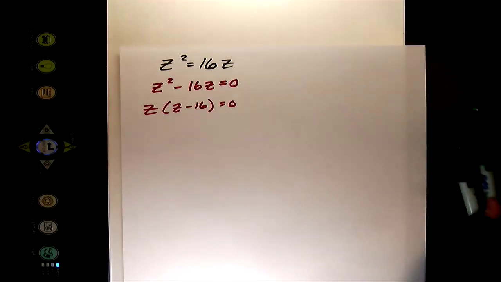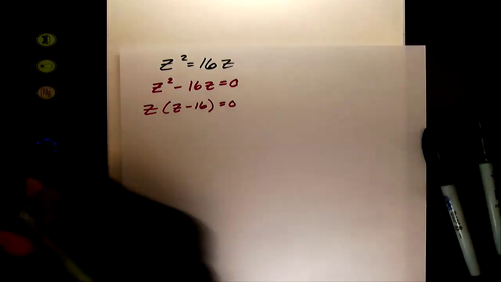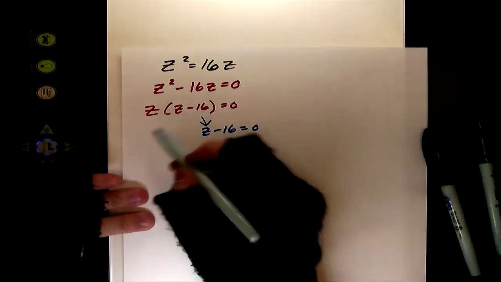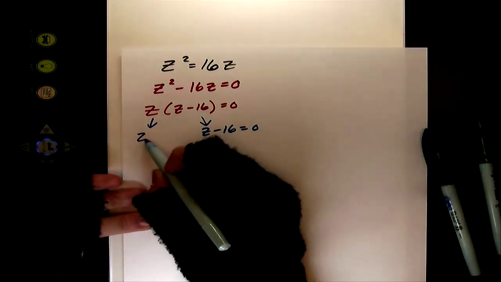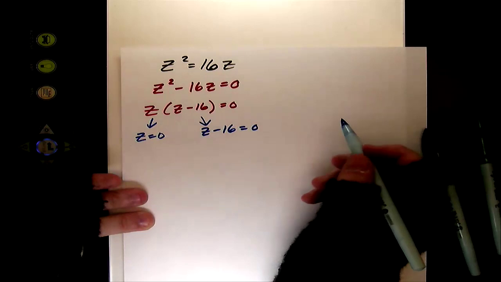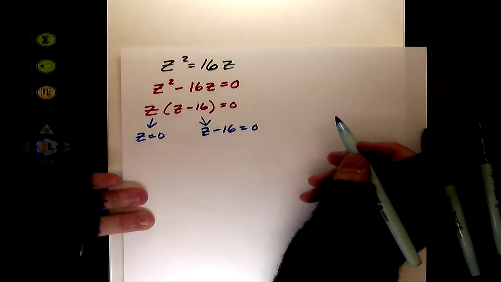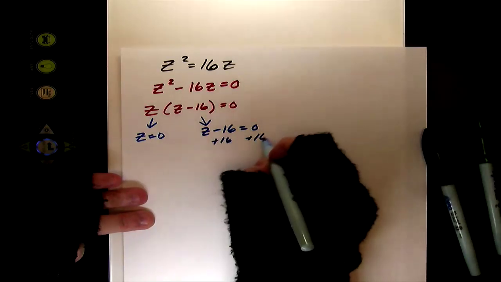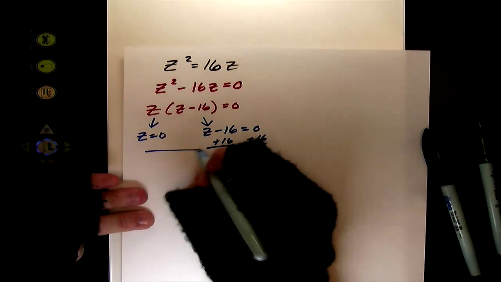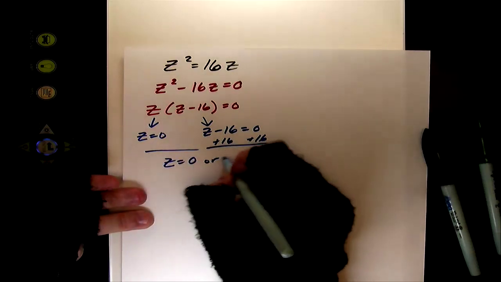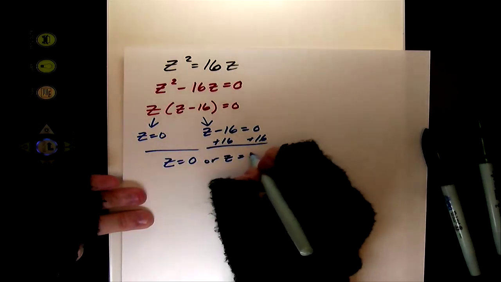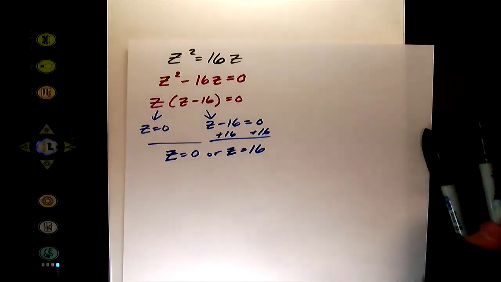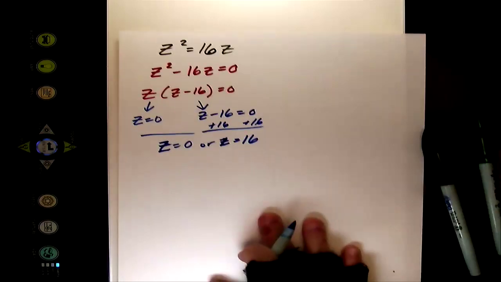And then I've seen students get stuck here. They get this one pretty quick. What about this one? If I set that equal to 0, just because it doesn't have a plus or a minus in it, it just means it's already done. Z equals 0 is an answer. We add 16. We get z equals 0 or z equals 16. My z's have a crossbar because if they don't, they look like 2's. This is the correct approach.